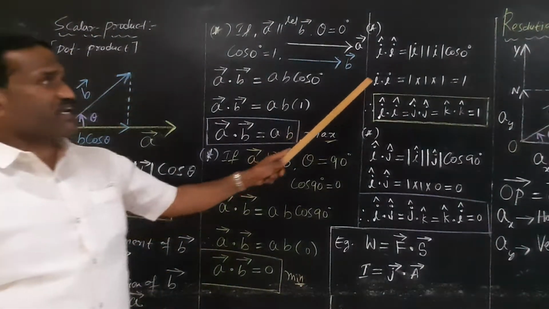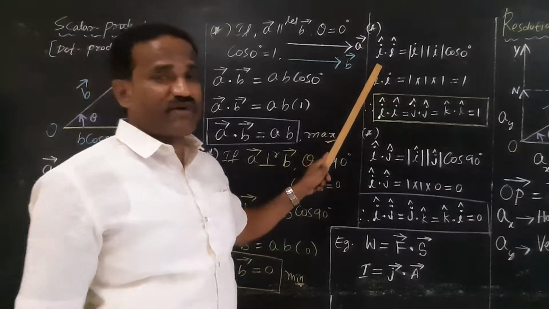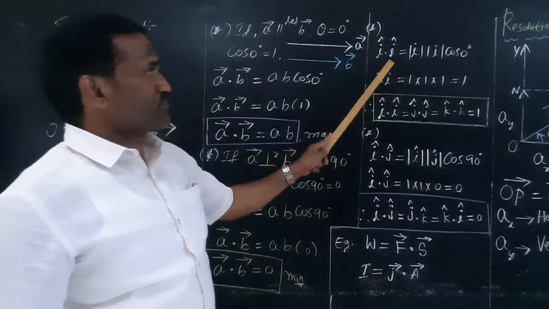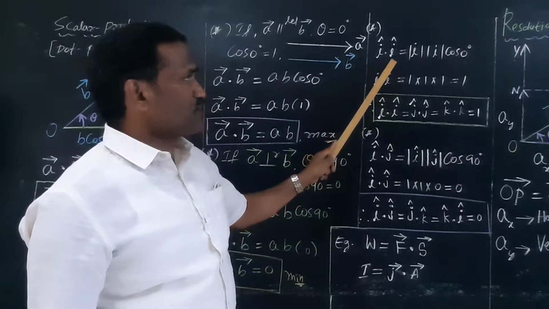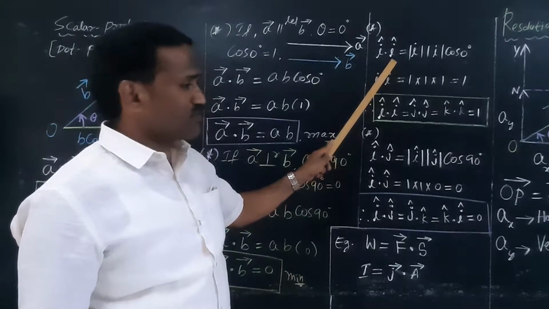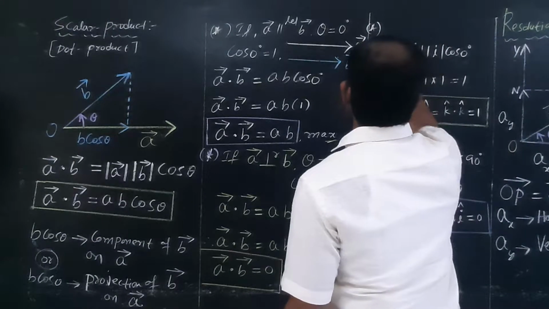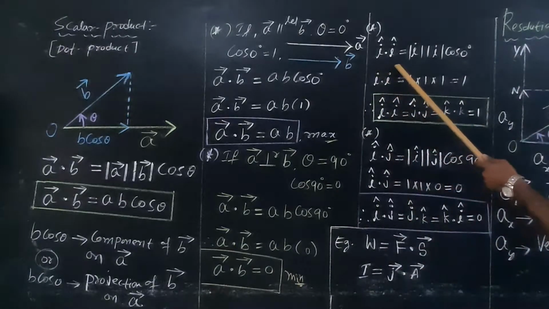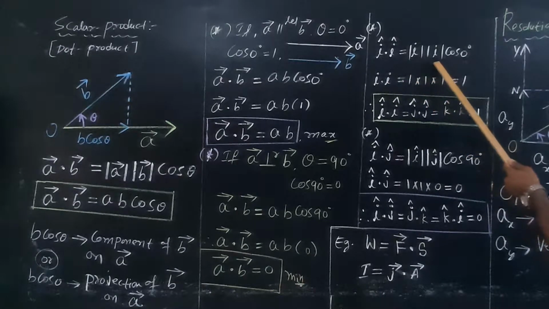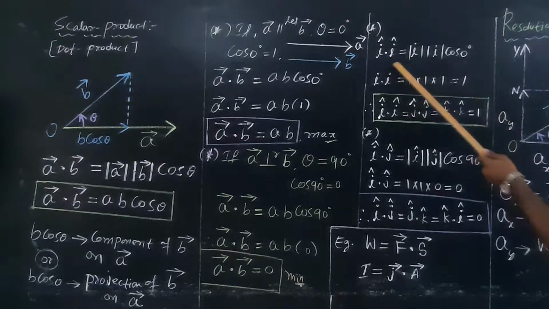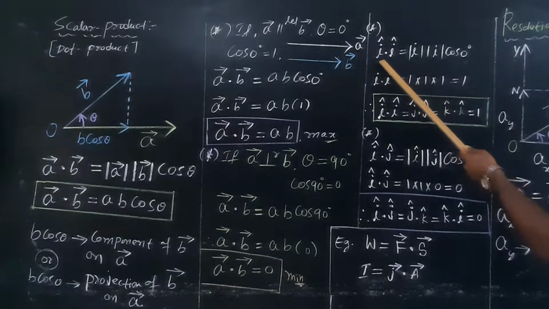So if you talk in terms of i, j, k unit vectors, i cap dot with i cap. See here, i cap dot with i cap. Again, you have taken two i caps in the same direction, x-axis only. i dot i is magnitude of i into magnitude of i into cos of 0 degree, because both are i caps. i cap is a unit vector acting along the x-axis.